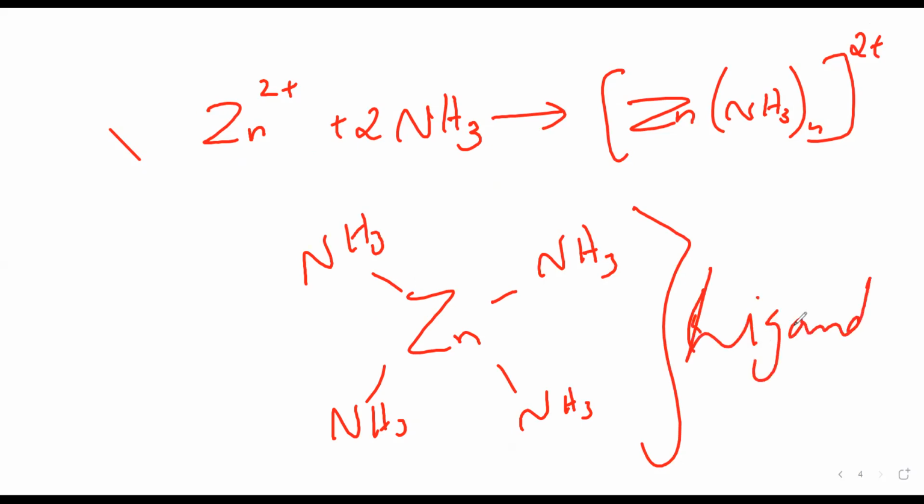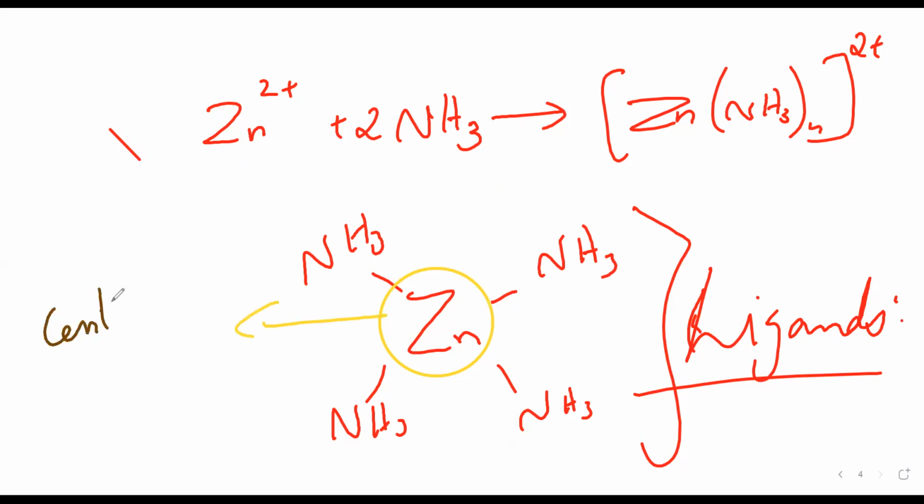This is not available in your textbook. These are called ligands in the sense that they can share electrons with the Zn. And what about this zinc? This zinc is called the central ion or central metal atom.